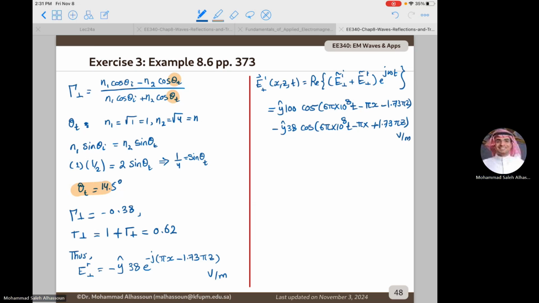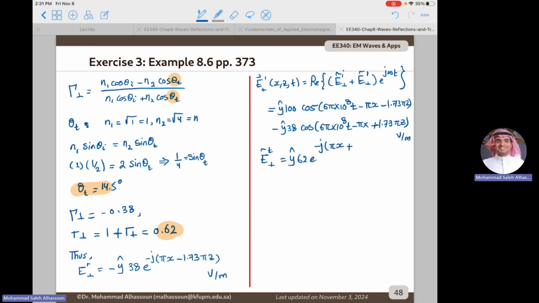In medium 2, we have only the transmitted wave, which is: you take the transmission coefficient, you multiply it by the incident field. So the transmission coefficient is 0.62 multiplied by 100. So this gives you 62. Now you have to be careful here because you need to adjust the wave vector to be K2 multiplied by sine theta t.